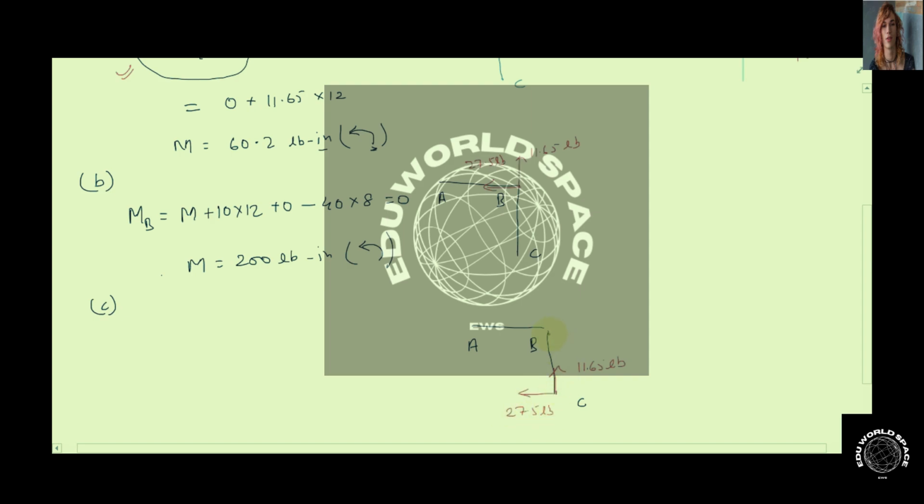If we calculate the moment here, this vertical distance is given in the problem as 8 inches. The moment in the equivalent system about point B: since this 11.65 pound force passes through point B, it will have zero effect, and the only moment will be because of this 27.5 pound force.